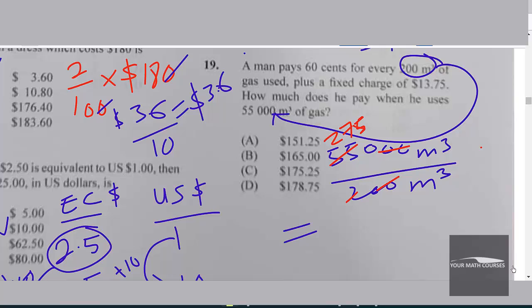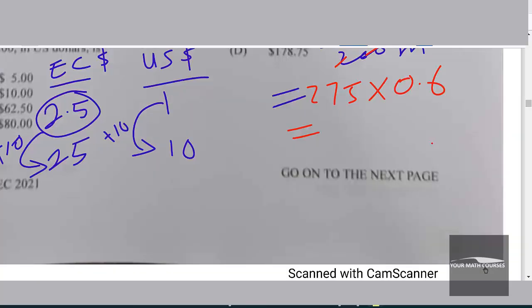Now, what do we do next? We need to now calculate the amount you pay, which is 275 times 60 cents. And that will be equal to 165. But he must pay a fixed price of 13.75.